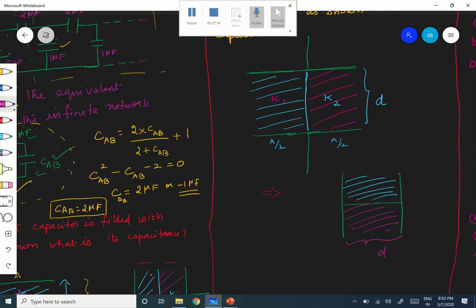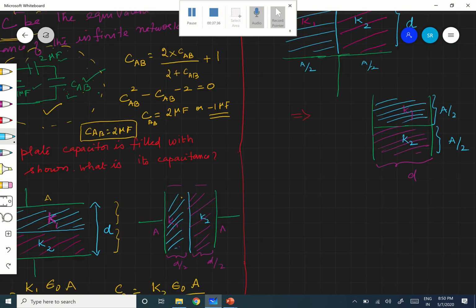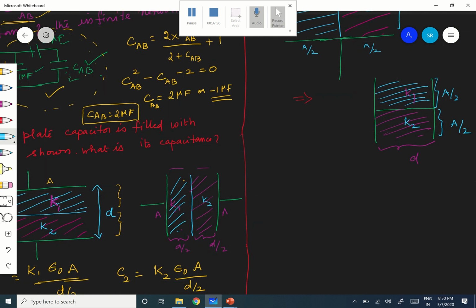Here it is K1 and this one is K2. So D is the same, but only the area is divided. How? It is A by 2 here. Are you following? That is the difference between the previous problem and this one.